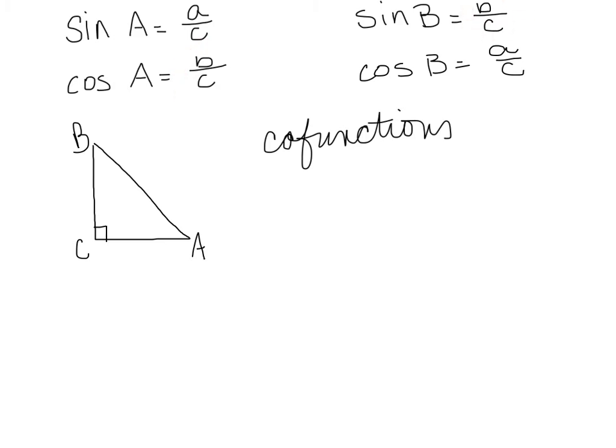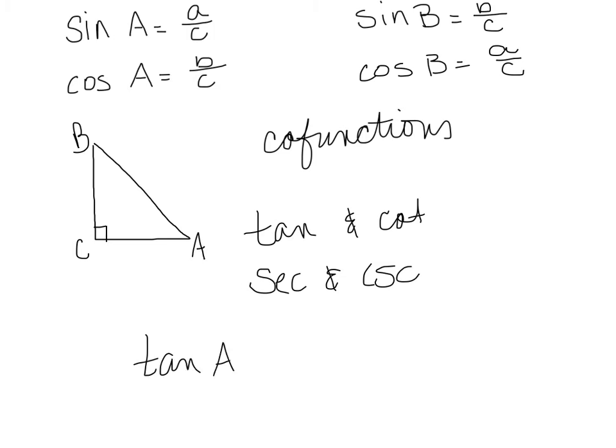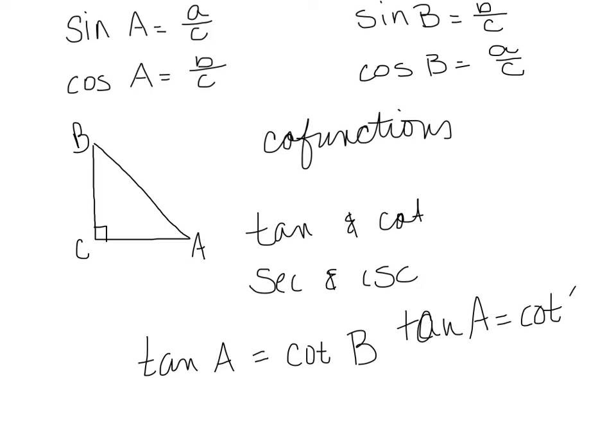B over c also represents the sine of B. These cofunctions are also true for tangent and cotangent, secant and cosecant. So if you took the tangent of A, that would be the same as taking the cotangent of B. Another way we write that is that the tangent of A is equal to the cotangent of 90 minus A.